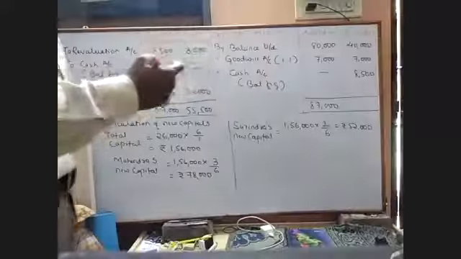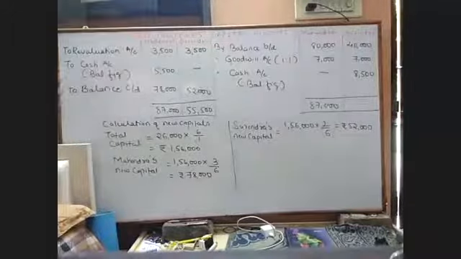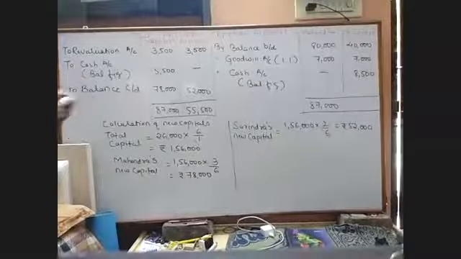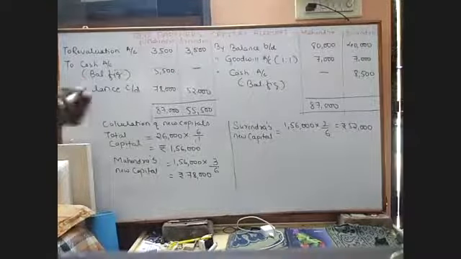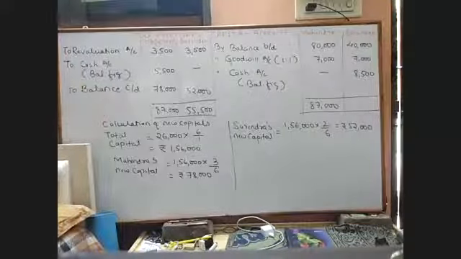Now I want to give you one small extra lesson. See, on which side is capital withdrawn? How much capital has been withdrawn and how much capital is brought in? Anyone? Debit side, withdrawn.